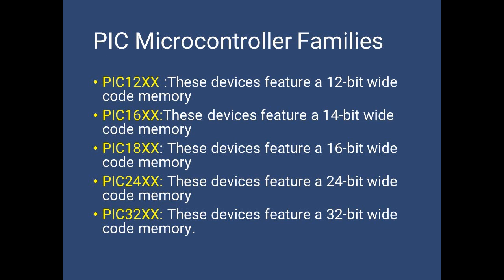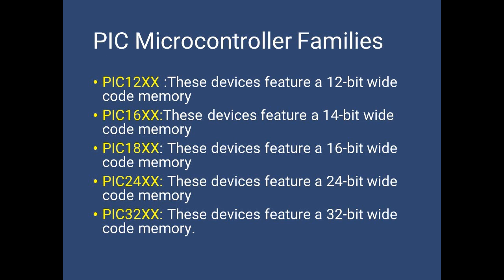The next microcontroller series is called the PIC 16XX series. These are also 8-bit microcontrollers, but their instruction is 14-bit wide. The next popular family is called PIC 18. This is also an 8-bit microcontroller, but the instruction size is 16-bit wide.